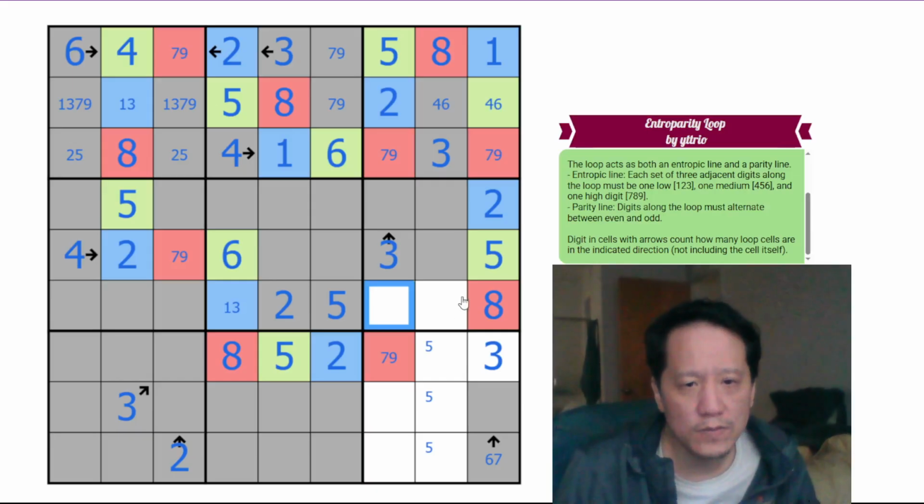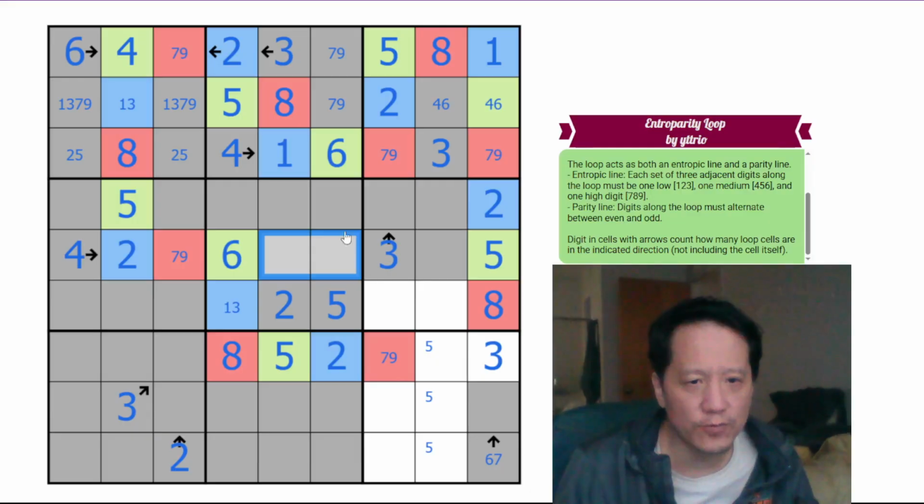Remaining digits in, so then this can't be 4 here. We are guaranteed a 4 here. So one of these two is 4 here.